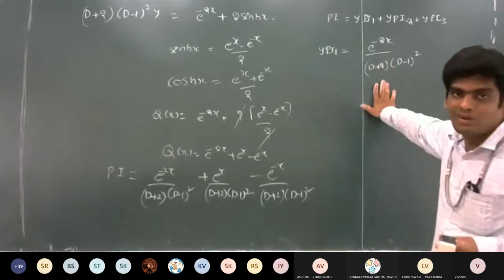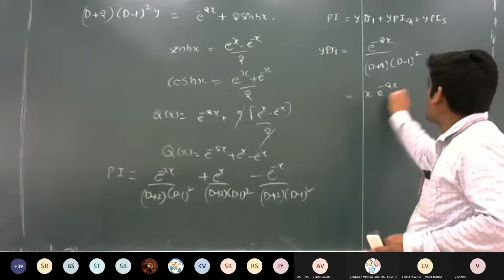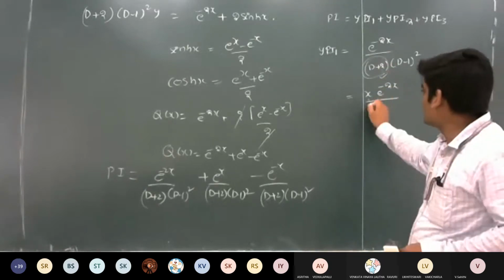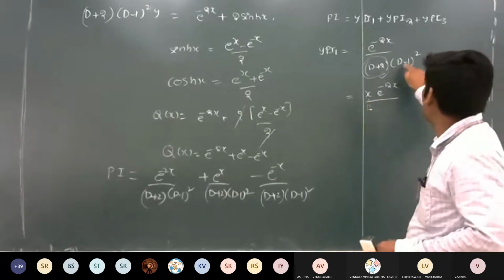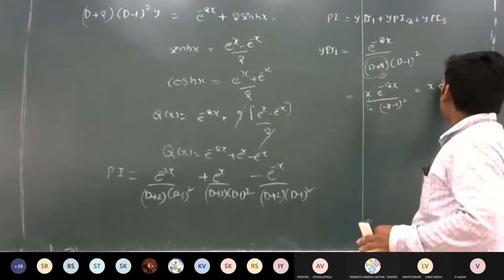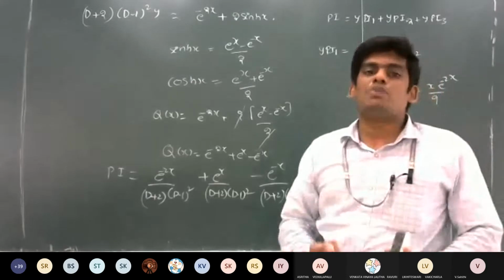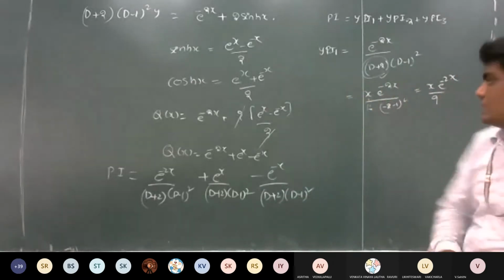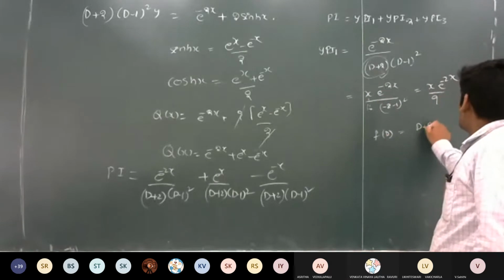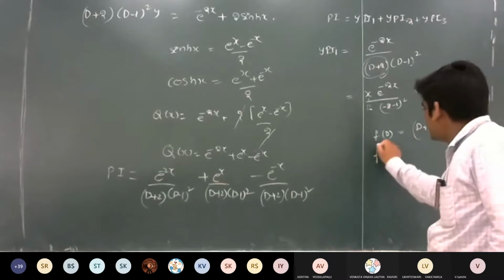So if the root is repeated one time, we can write x into e power minus 2x by 1 factorial, and replace D with minus 2 in the remaining factor, minus 2 minus 1 whole square. That is equal to x into e power minus 2x by 9. Suppose if I am getting a confusion, then take f of D as (D plus 2)(D square plus 1 minus 2D), and you can find f dash of D.